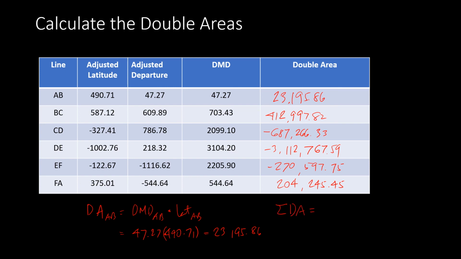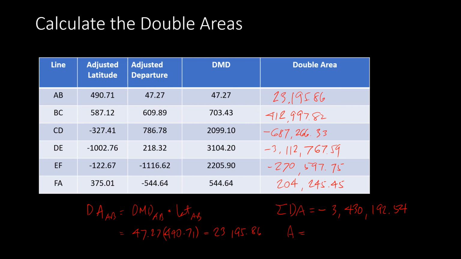Okay? So, the next step is we get the summation of all the double areas. So, we add 23,195.86, 412,997.82, down to 204,245.45, which is equivalent to negative 3,430,192.54. And we know that the area is simply one half of the double area.